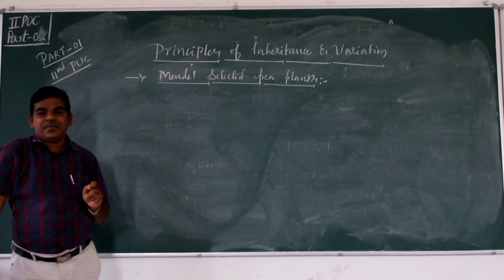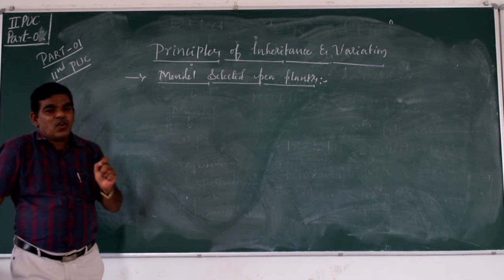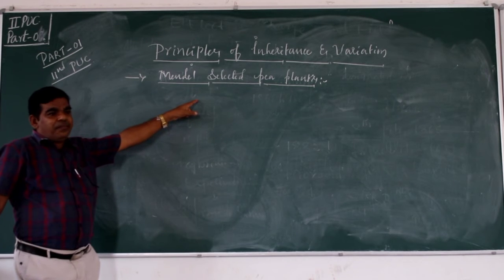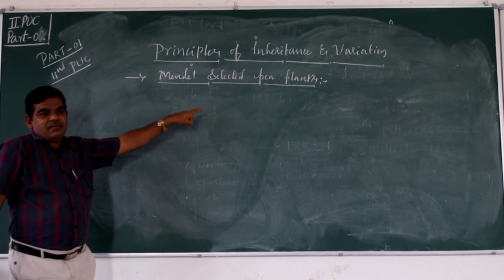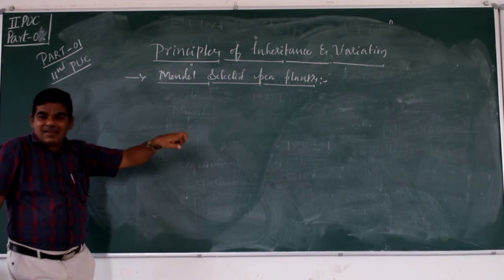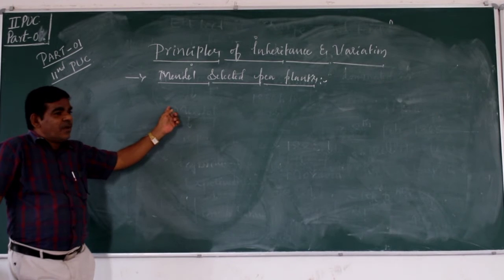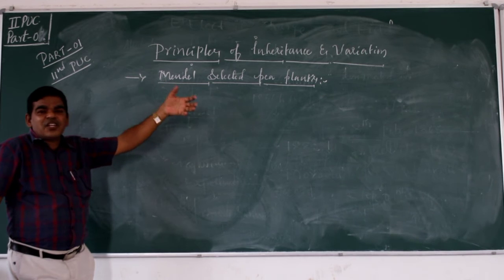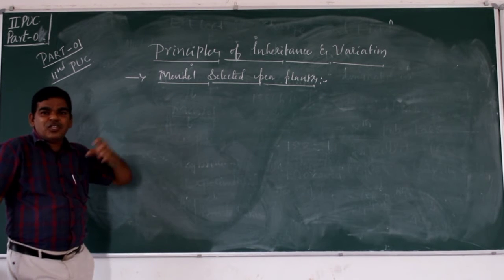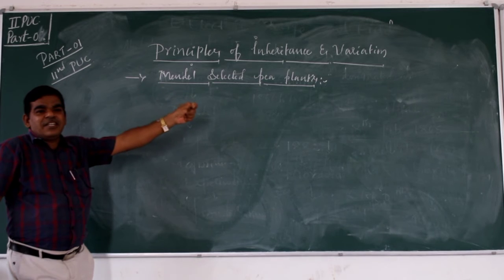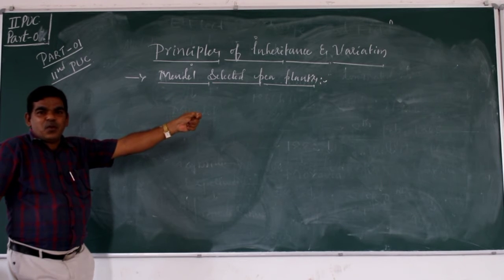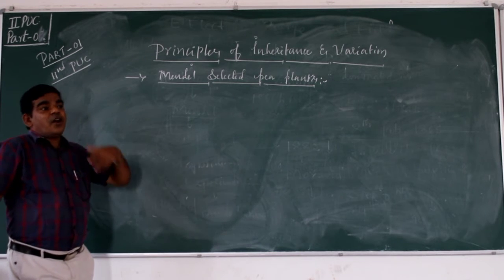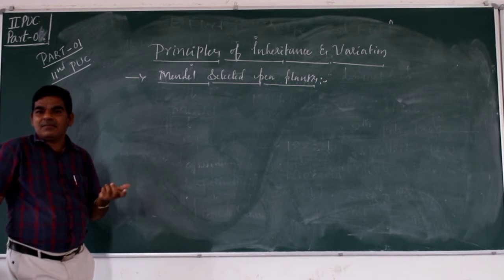This is the first point. Pea plants are annual and give results within a year. Pea plants are bisexual and self-pollination takes place. And in pea plants, cross-pollination can be made manually.